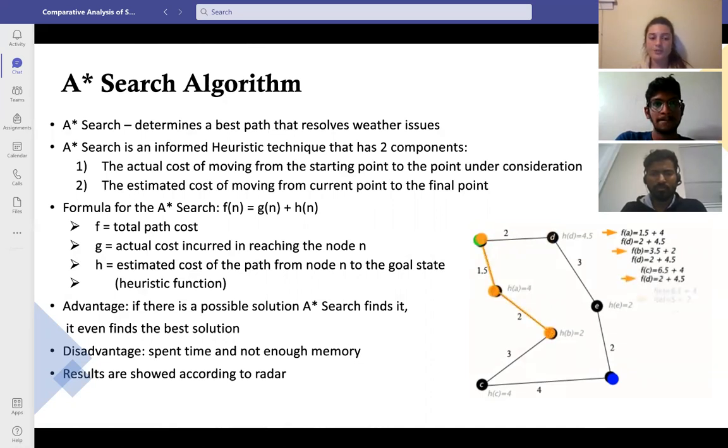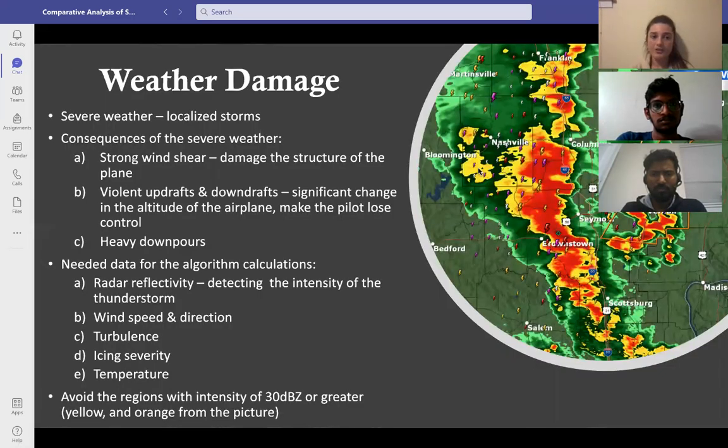But the most common disadvantage here is that it spends a lot of time, and it also memorizes all the nodes that were visited before, and because of that, sometimes there is not enough memory. Okay, we can go to the next slide. Weather damage. Severe weather is also called localized storms.